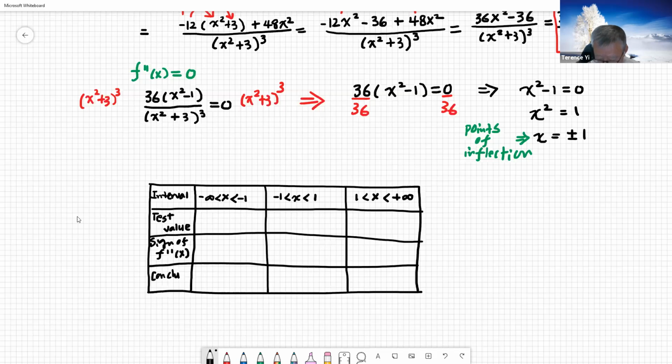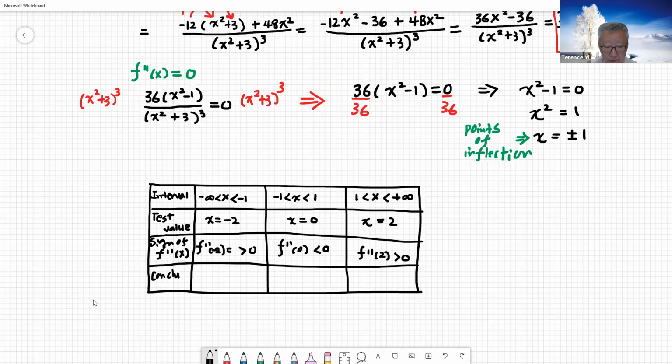I'm going to choose the test value x equals minus 2 for the first interval, 0 for the second, and x equals 2 for the third. So plugging those values into f double prime, f double prime of negative 2 is positive, f double prime of 0 is negative, and f double prime of 2, which is greater than 0, is positive.